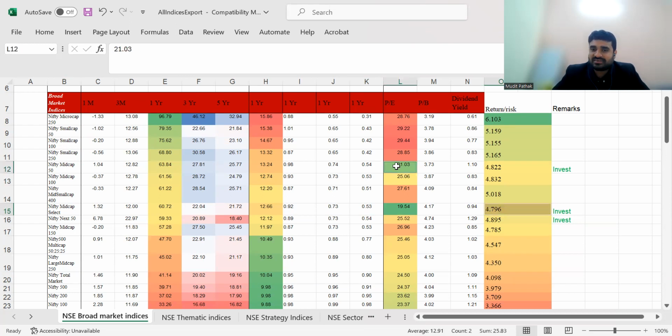These two are the indexes I have selected because they have a lower P by E value. That means more value unlocking has to be done, and they will see an upsurge in prices further. ये इनका थोड़ा saturation आ सकता है, but इनका भी बहुत सारा बाकी है. So yeah, Nifty Midcap Select and Nifty Midcap 50.